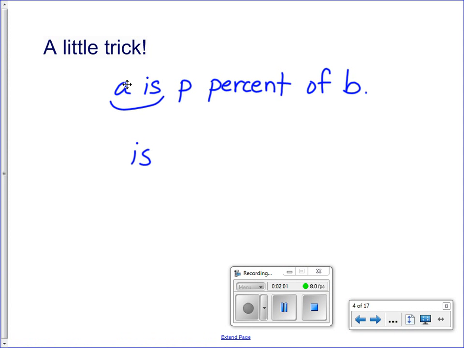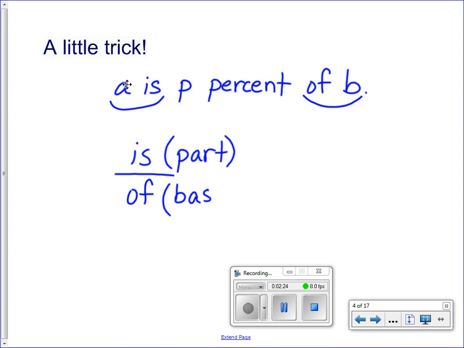The part we always put on top in our ratio, and the of B goes on the bottom. All right, so is represents the part, in this case A. Of goes with the base, or the whole, in the problem. So if you'll use that little trick, you'll always have your proportions set up correctly.